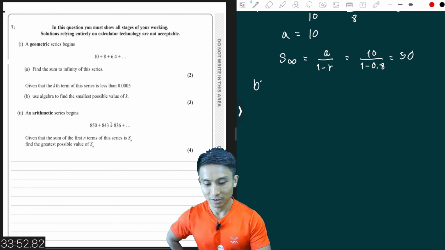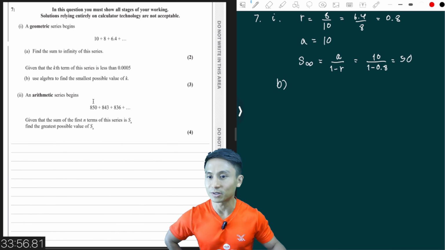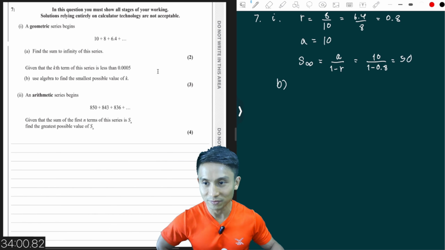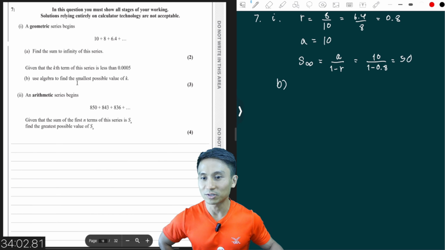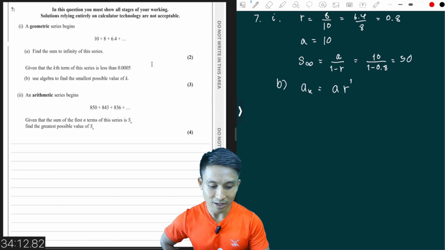Okay. Part B. Given that the kth term of the series is less than 0.0005, use algebra to find the smallest possible value of k. So the kth term, a_k, equals a times r to the power of k minus 1.